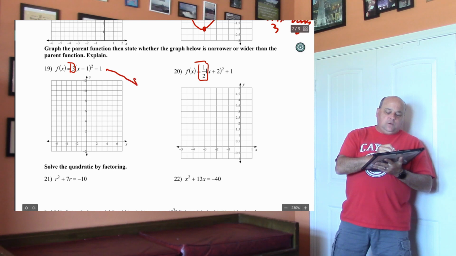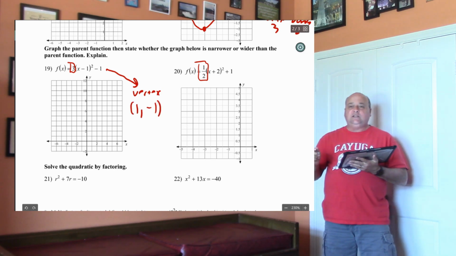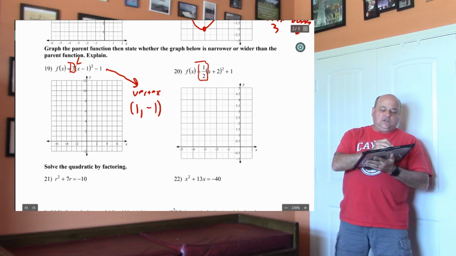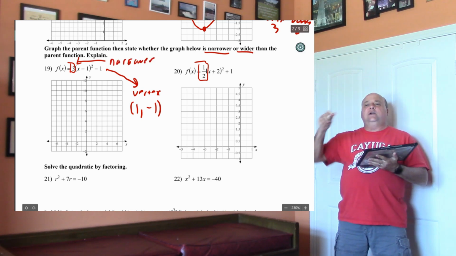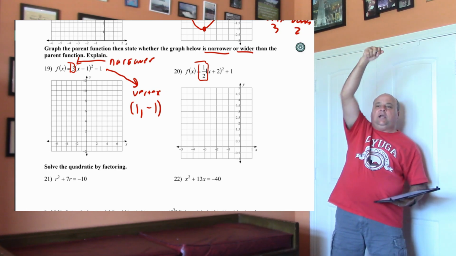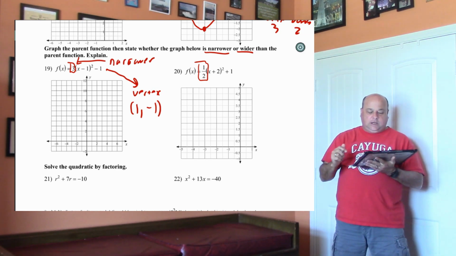Very quickly on this one right here, the graph is going to be the vertex. The opposite of -1 is +1, and the -1, right? That's going to be my vertex. And this right here, whether the graph is narrower or wider, that makes it narrower. On the STAR test, it will be vertically stretched or horizontally compressed. Probably vertically stretched, okay?